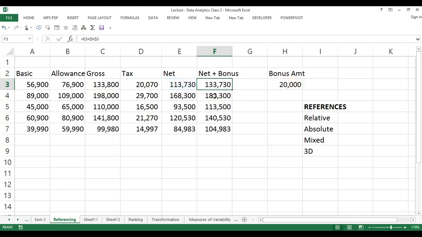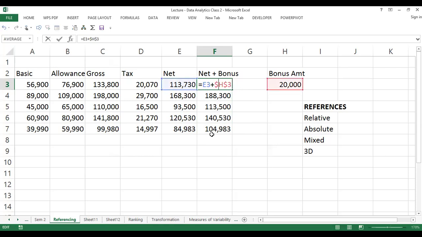Okay, but actually here we don't need to use the $ sign on both the rows and the columns. Why? Because we are dragging across rows. We want it to be fixed across the rows, not necessarily across the columns. So even if we remove this $ sign, it still works.